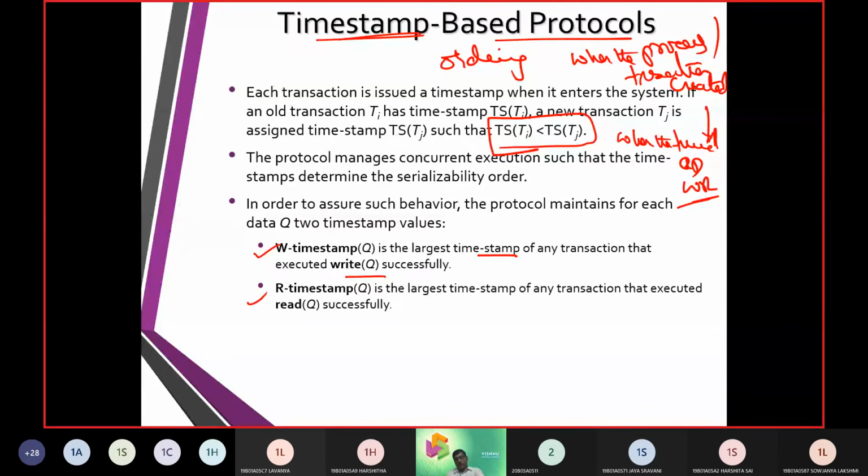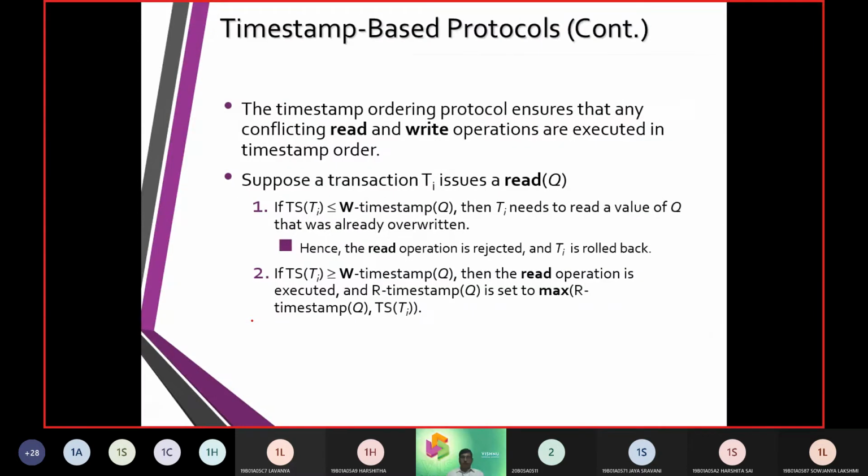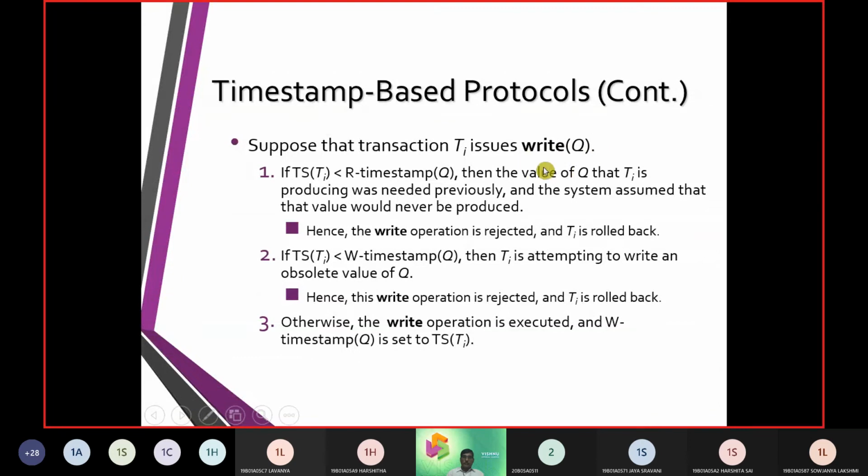So in this model, we have the write timestamp and read timestamp. The algorithm we have already taken in the main classes: the timestamp based algorithm for a read operation, followed by the timestamp based algorithm for a write operation, etc.